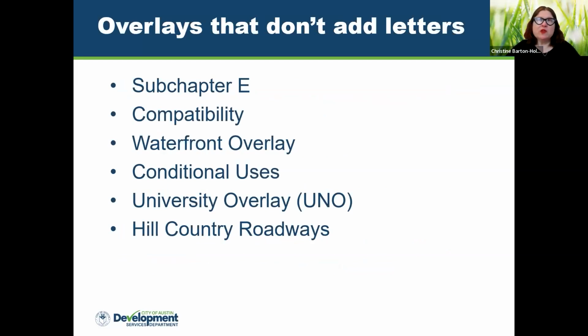Depending on zoning, there are a few zonings that have their own version of compatibility. Waterfront overlay for parcels on either side of Town Lake, and conditional uses, which are the ones that require a little bit of extra oversight. The University Neighborhood Overlay, or UNO, which is up near campus, and then the Hill Country Roadways.